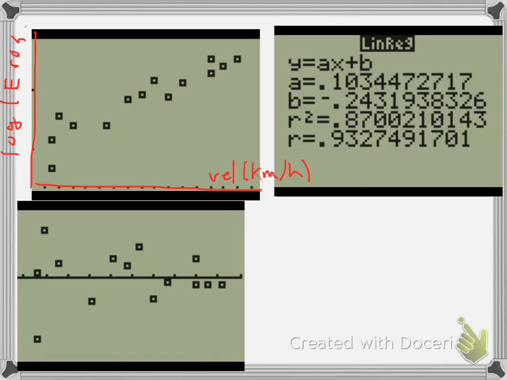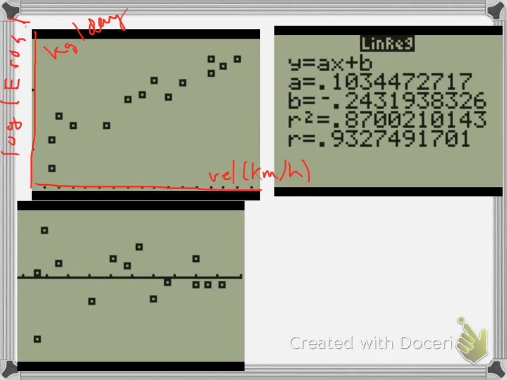Remember, erosion was in kilograms per day, so the logarithm of kilograms per day is what I had. And that's the logarithm of erosion there.